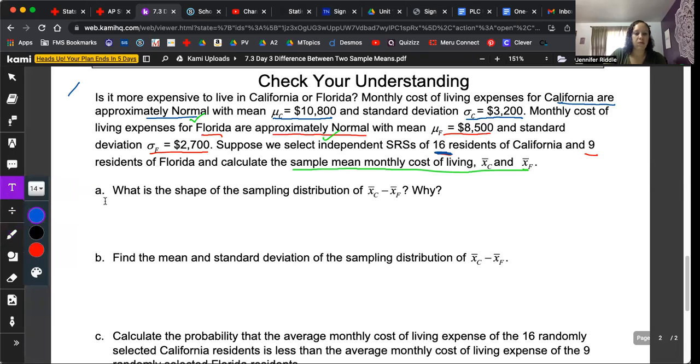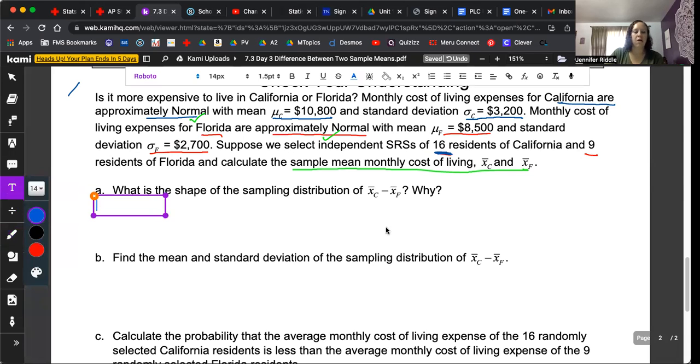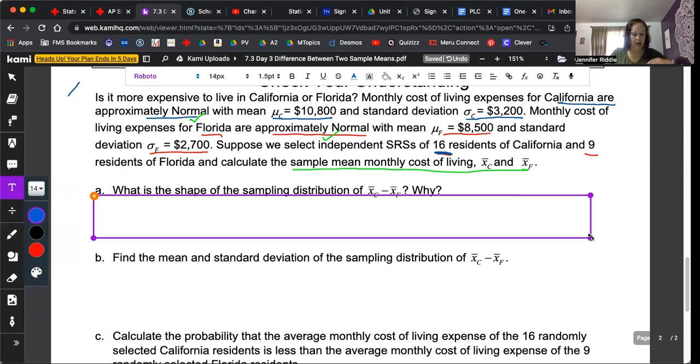Since both populations are approximately normal, we can say that the difference will also be approximately normal.